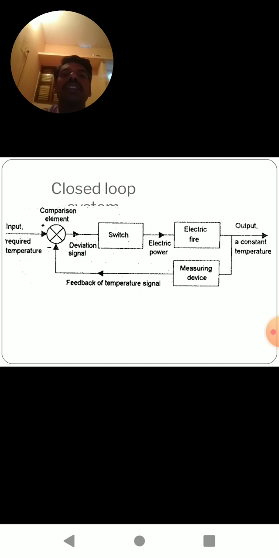Control elements are the components needed to generate the appropriate control signals applied to the plant. These elements are also called the controller, control element, or control components.